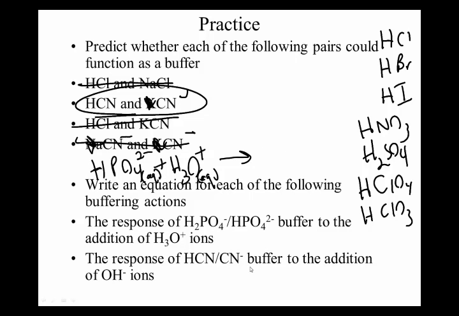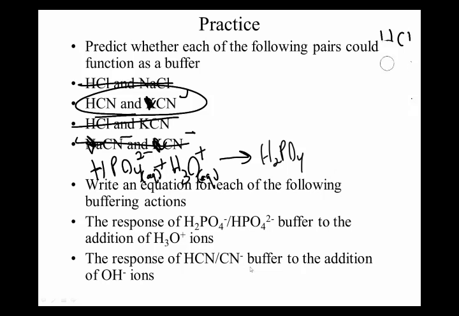It will become H2PO4 minus, aqueous, and water. I'm going to go ahead and erase these just so I have room to work. It neutralizes the acid by taking that proton away from it. And that's it.